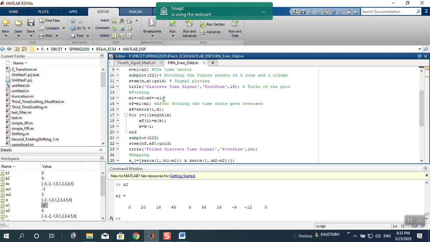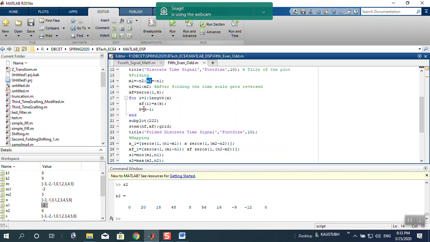Now n1 becomes the rightmost and n2 becomes the leftmost, so it is negated. m1 is equal to minus n2, m2 is equal to minus n1, this is my new time index. So my starting time index will be minus n2, ending time index will be minus n1. Therefore the new time scale, nf, I am considering for the folded signal, is m1 to m2.